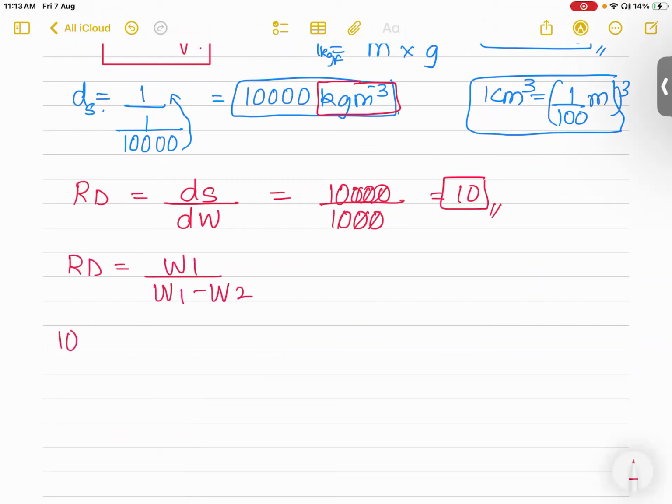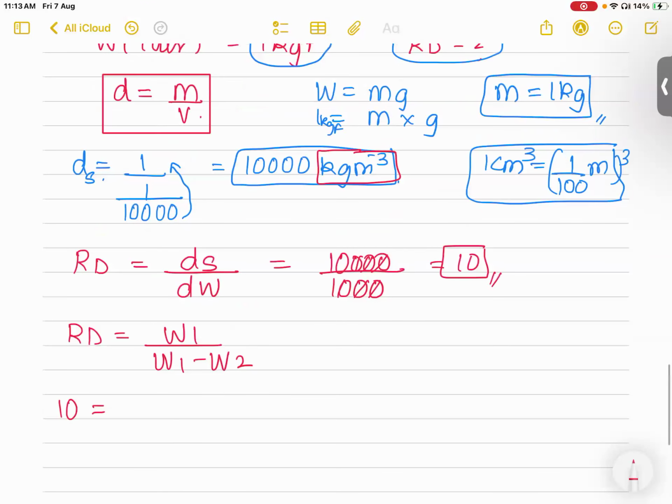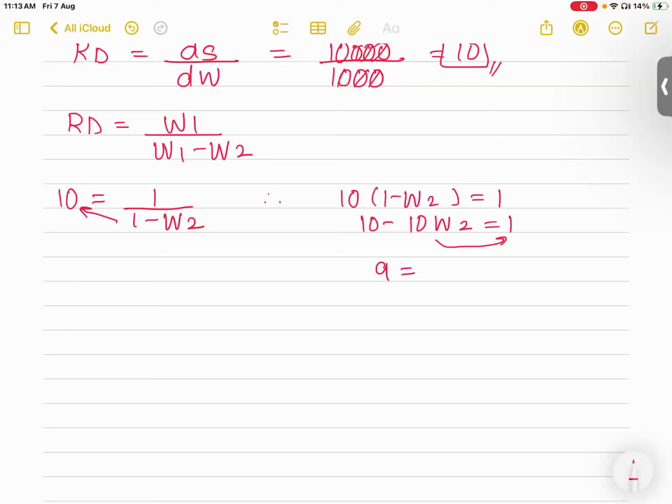RD is 10. Weight in air is given to me, guys, as 1. Weight in water I'm supposed to find. So I'll write W2 as it is. I will cross multiply. When I cross multiply, kids, I will be getting this as 10 bracket 1 minus W2 is equal to 1. So this is 10 minus 10 W2 is equal to 1. I think this term should go there and 1 will come here. So I will get 9 is equal to 10 W2.